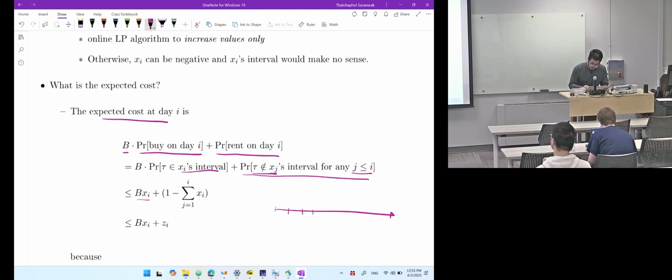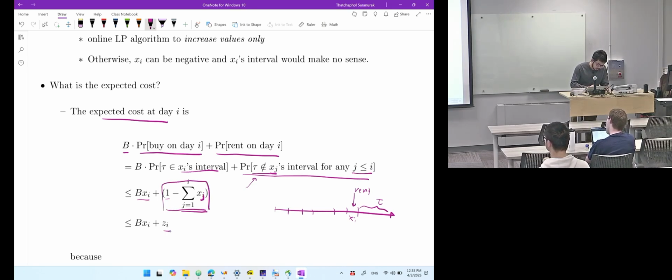So if we rent on day i, it means that tau is somewhere here. So what is this probability? Well, it's 1 minus the sum of xj from j equals 1 to i. But what is this? This is exactly ci.